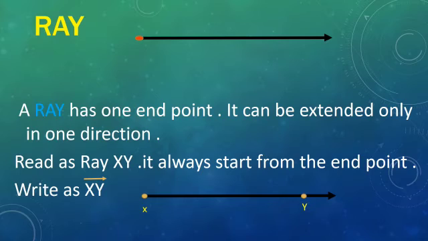It can be extended only in one direction, where the arrow mark is. Read as ray XY. It also starts from the endpoint. Write as ray XY. You can give any name, PQ or something like that.